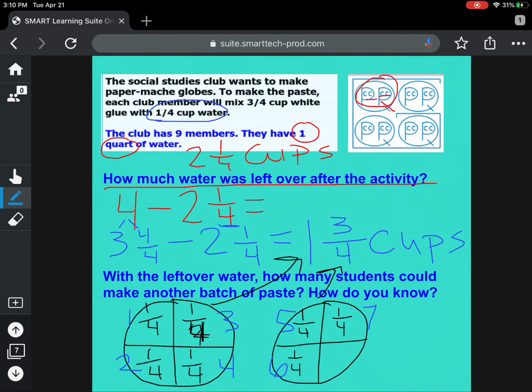Since each student will need 1/4 cup of water to make a batch of the paste or glue and water mixture, it looks like there will be 7/4 left over. So 7 kids can make another globe. And we know this by the diagrams or pictures that I drew here to represent the fourths that are left over.